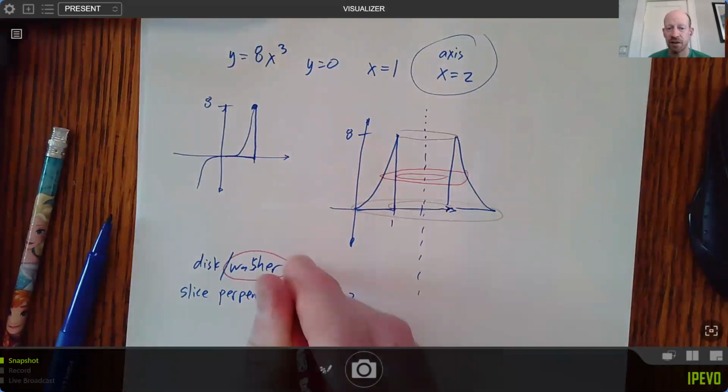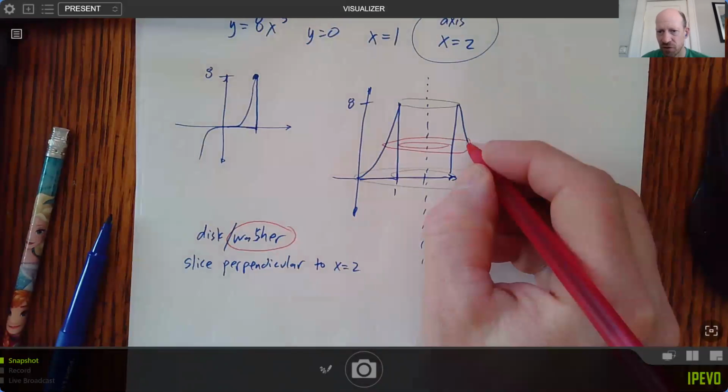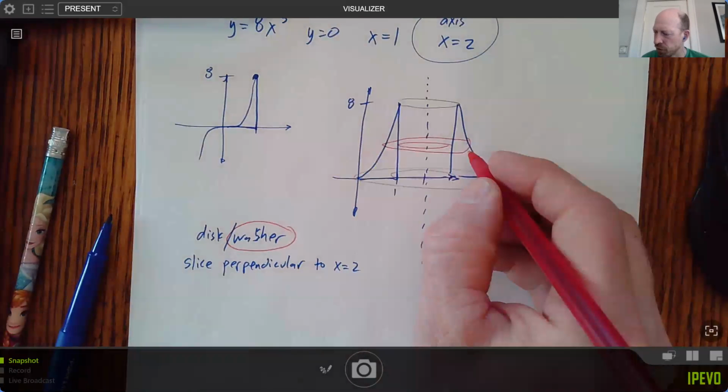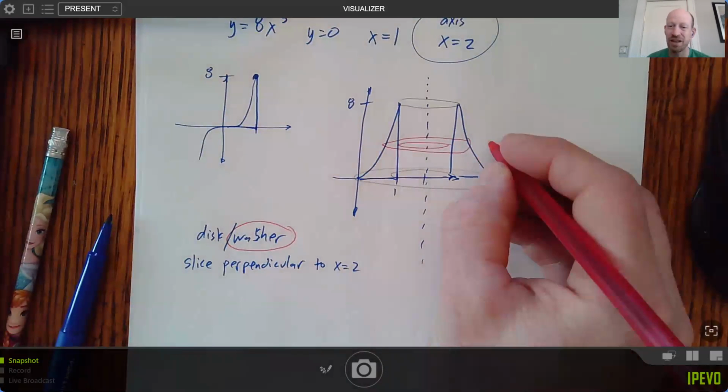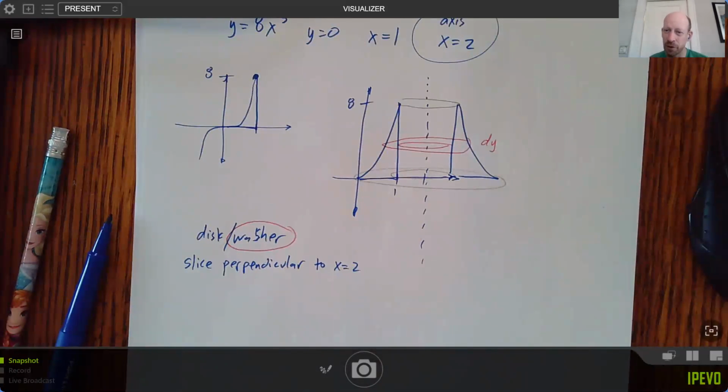That is also maybe equally important because I'm slicing horizontally here. This thickness or thinness is a little piece of y, right? dy. I want those rings, those washers to get thinner and thinner and thinner. And that's what the dy represents.